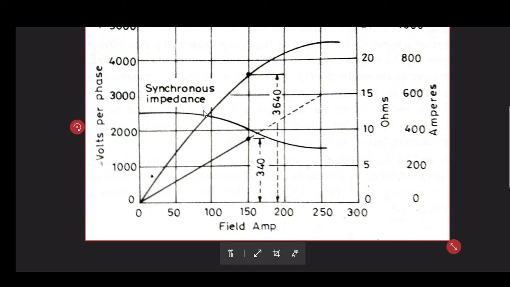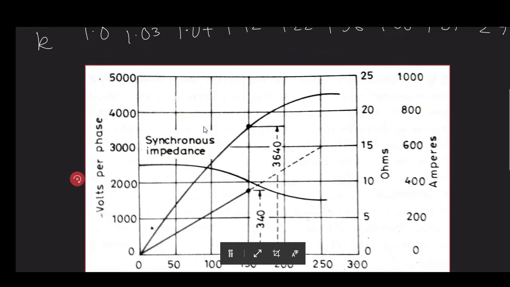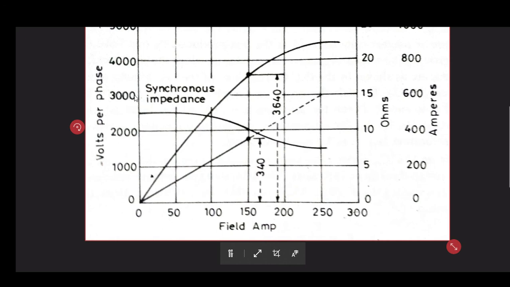But once that is there, it would follow a kind of hyperbolic relation with increasing current, because increasing current won't cause much change in your induced voltage but would change the short circuit current, right? So that is how your synchronous impedance will vary. In this region, this one is your unsaturated synchronous reactance, and this side is your saturated synchronous reactance.